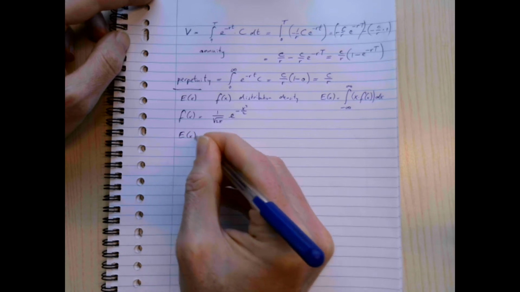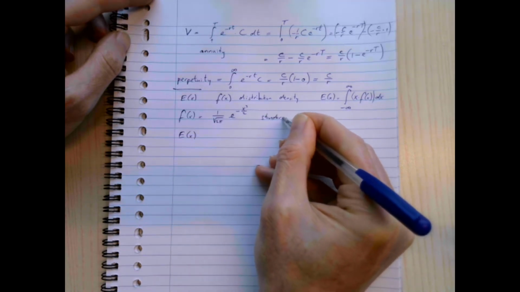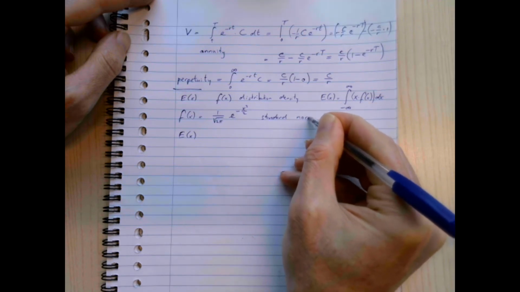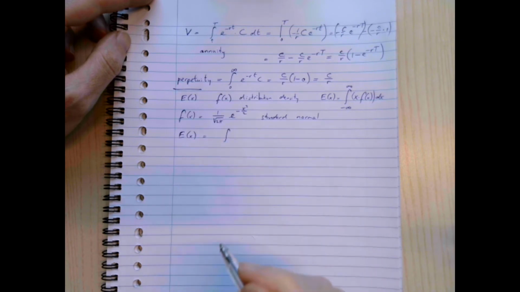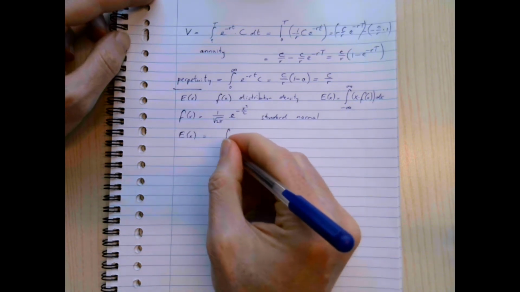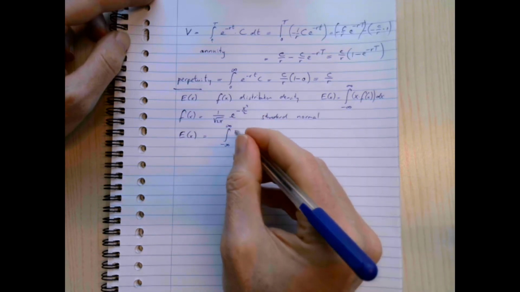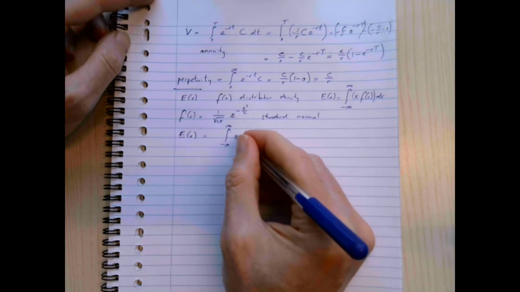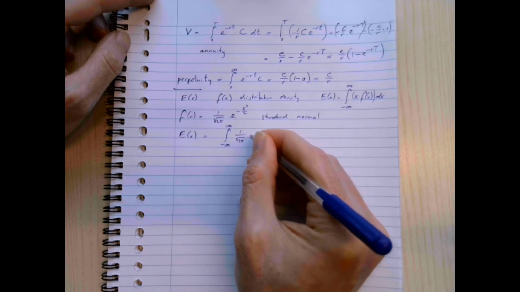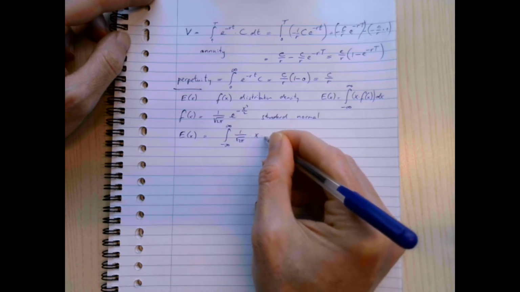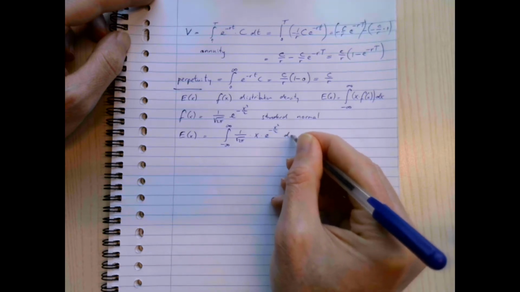So standard normal, right? So the expected value, the average value, the mean of x, is going to be defined as the integral of x times this thing. So let me write it as, take that 1 over the square root of 2 pi over here, x times e to the power minus x squared over 2. I'm integrating this over the x.